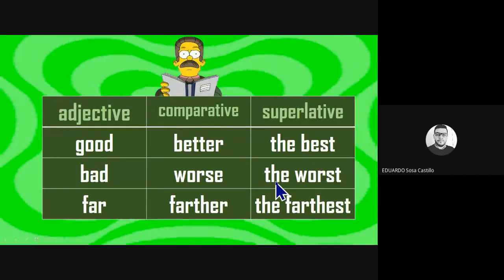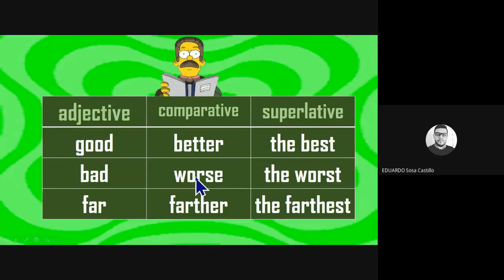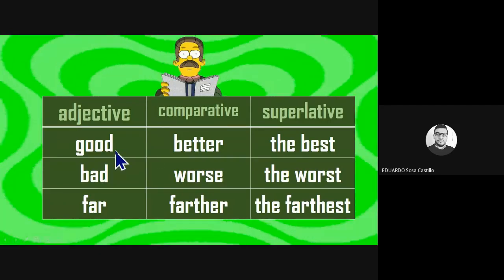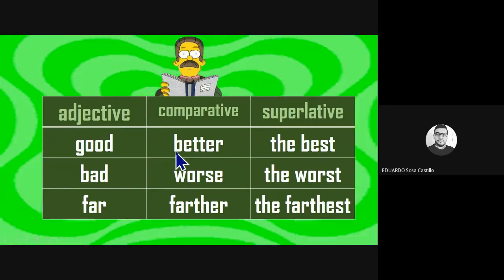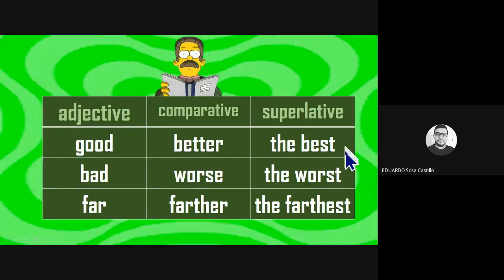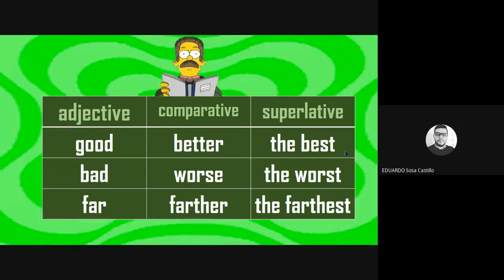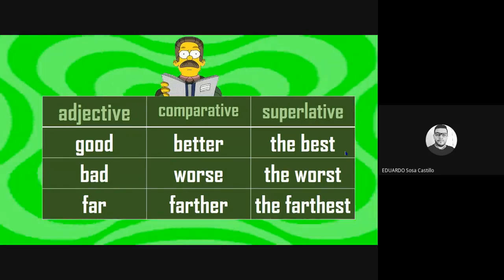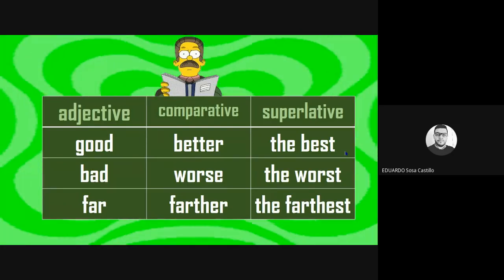And be careful with this because here are the exceptions. Do you remember in the other class we checked the exceptions? For example, good changes to better for comparative. And for the superlative form is the best. Let me tell you by the chat what is the meaning of the best. Can you see it?